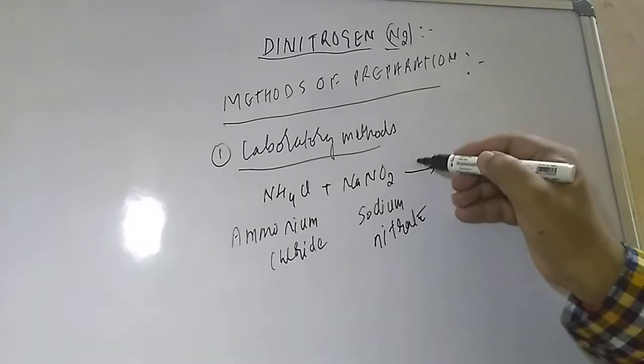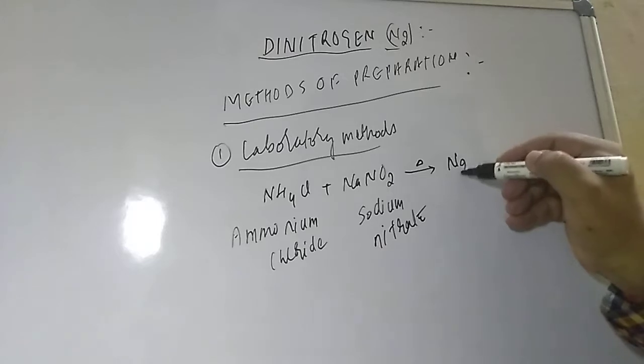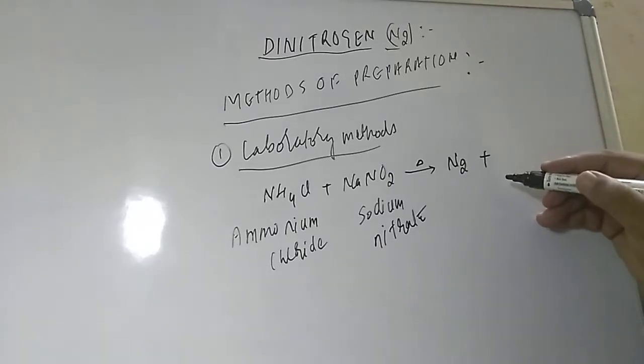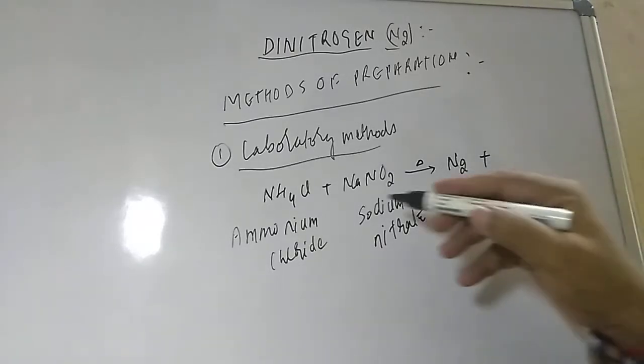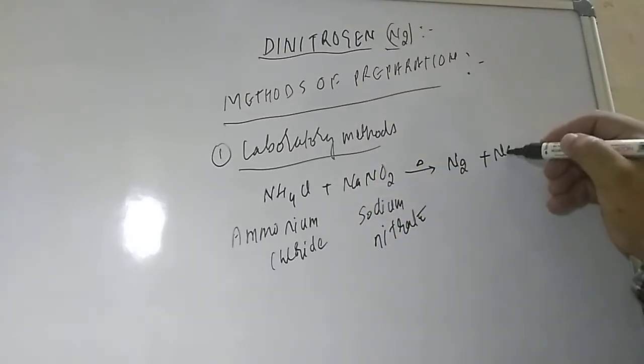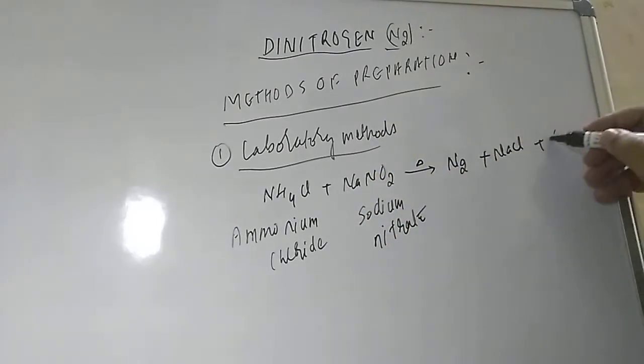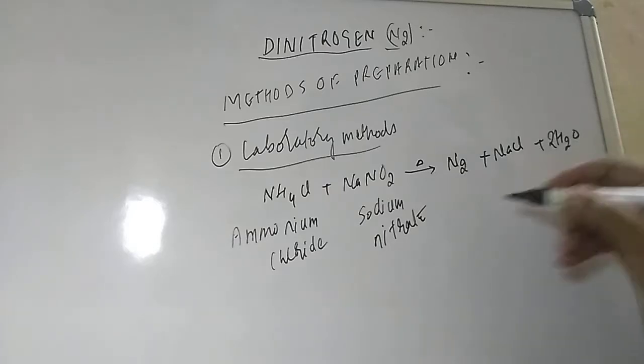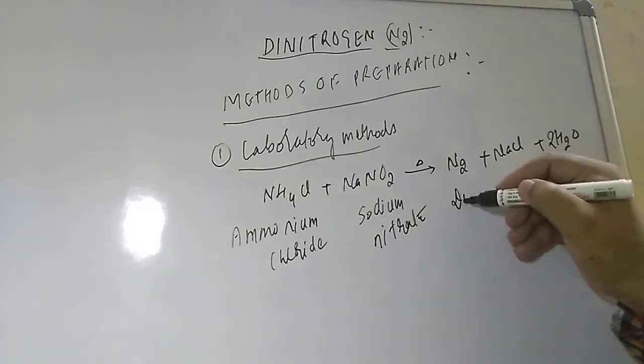When the aqueous solution is heated, it directly gives dinitrogen, along with NaCl, and since there are 2 oxygens, it also gives 2 water molecules. So this is the dinitrogen.